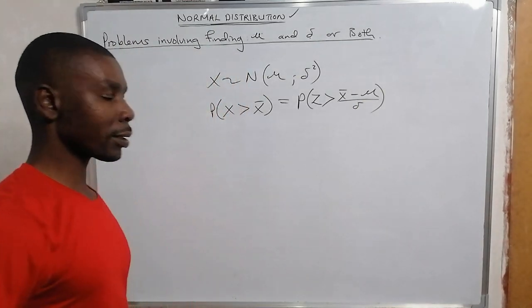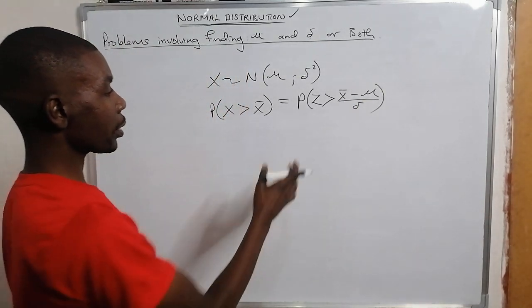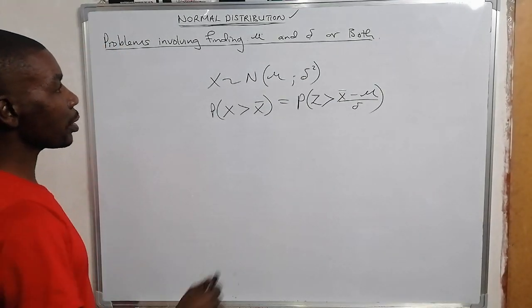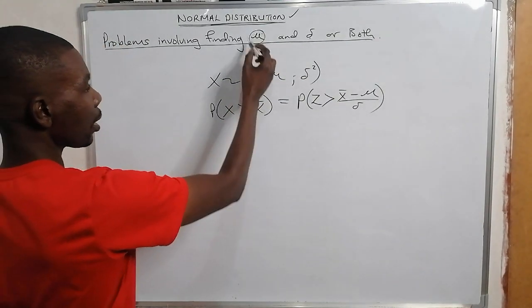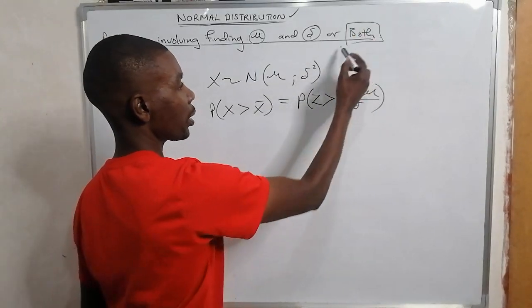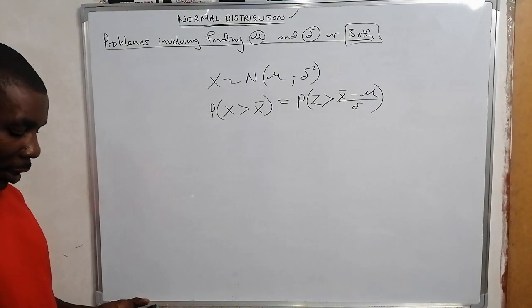That is standardizing a normal distribution. So for today, we want to find the mean or sigma or both when they are missing in the question.